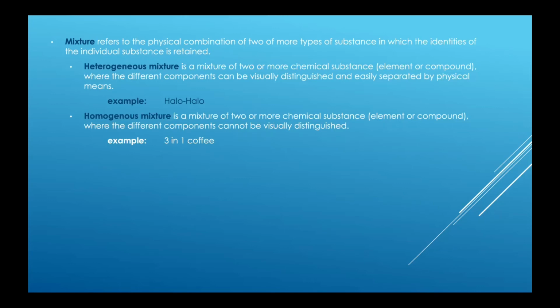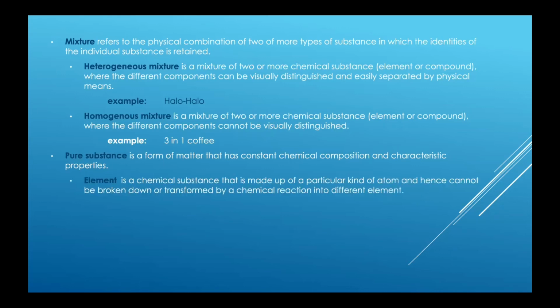Okay? So, we also have pure substance. Pure substance is a form of matter that has constant chemical composition and characteristic properties. Remember what we learned from the previous week about the element and the compound. Well, element is a chemical substance that is made out of particular kind of atom and hence cannot be broken down or transformed by chemical reaction into different elements.